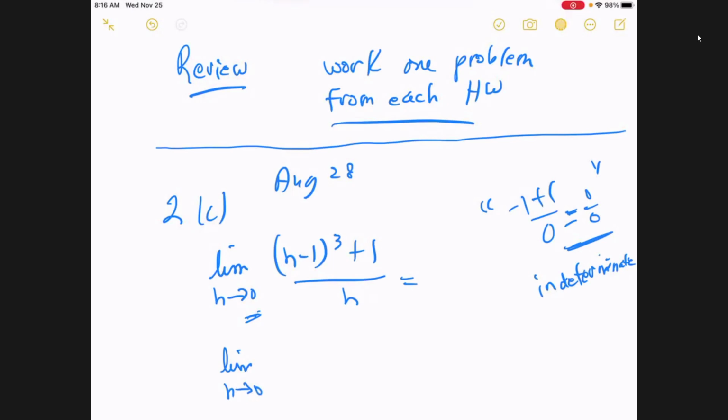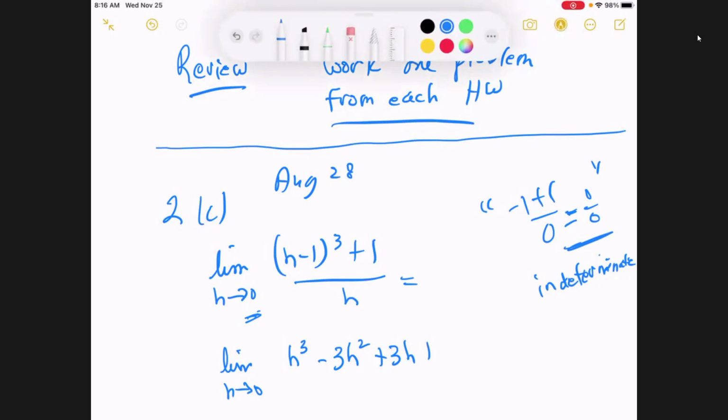And what could you do here? Well, I'm going to expand that (h minus 1) cubed. That's the binomial formula, which you don't have to know. You can multiply it out. It's h cubed minus 3h squared plus 3h minus 1. It goes plus, minus, plus, minus. Okay, plus 1 over h.